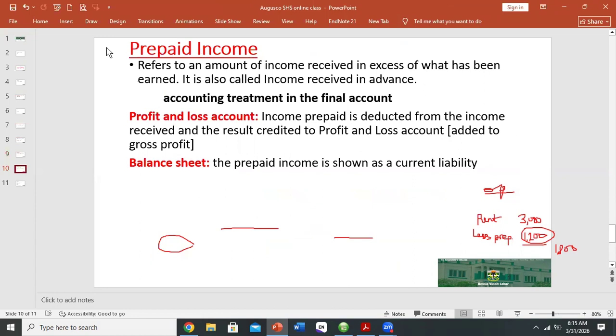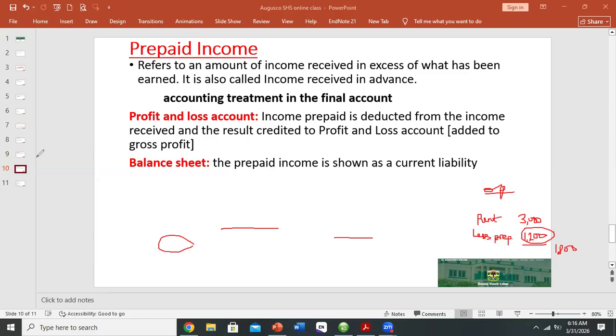You know, income refers to the inflow to the business, or what the business has earned from either rendering services or providing goods. For example, if we are a soap manufacturing company, then anytime we sell soaps, the amount we receive can be referred to as income.